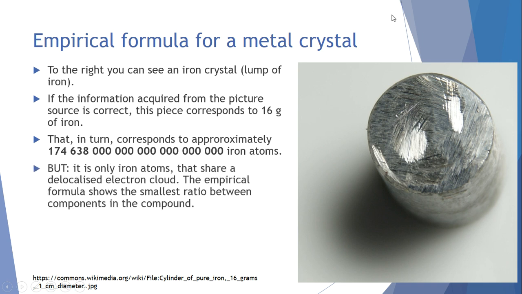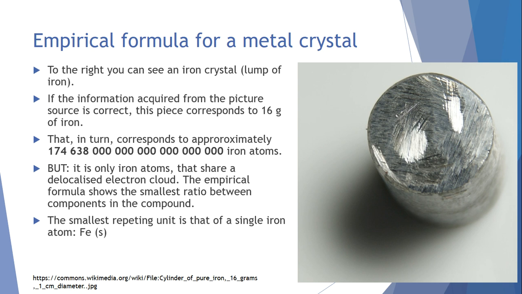What we do instead is we write the empirical formula. And the empirical formula shows the smallest ratio between elements or components in the compound. So the smallest ratio between what type of components we have. In this case, this crystal is only built up from one component, and that's iron atoms. So the lowest ratio between iron atoms is just a small repeating unit, and that's an iron atom.